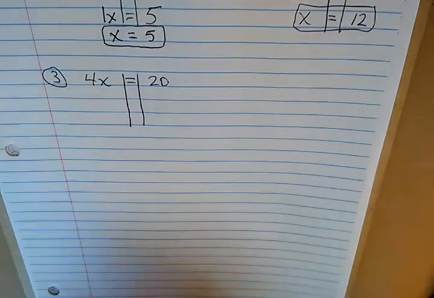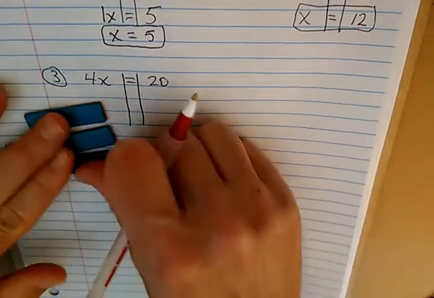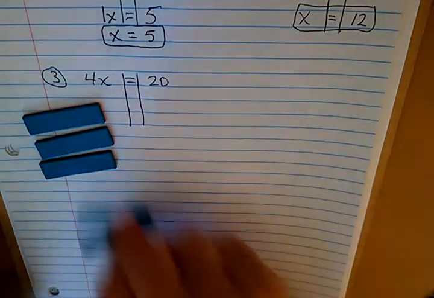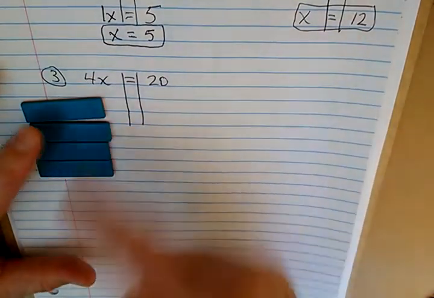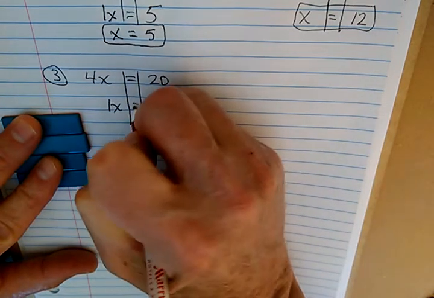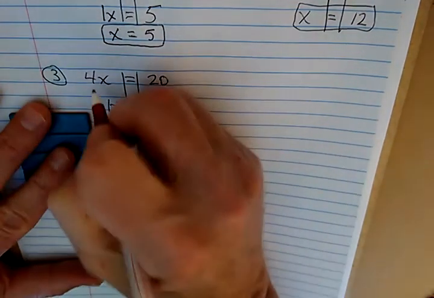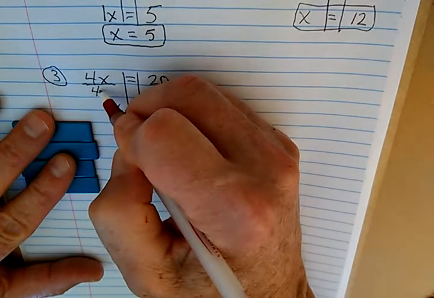We know that 4x equals 20, so if we wanted to use tiles again, I'm not going to use tiles for the whole problem, but I wanted to show them again. If we had 4 x's equals 20 ones, we don't want to know what 4x is, we want to know what 1x equals. So we have to go from 4x to 1x. If we divide by 4, we can get 1x because 4 divided by 4 is 1.